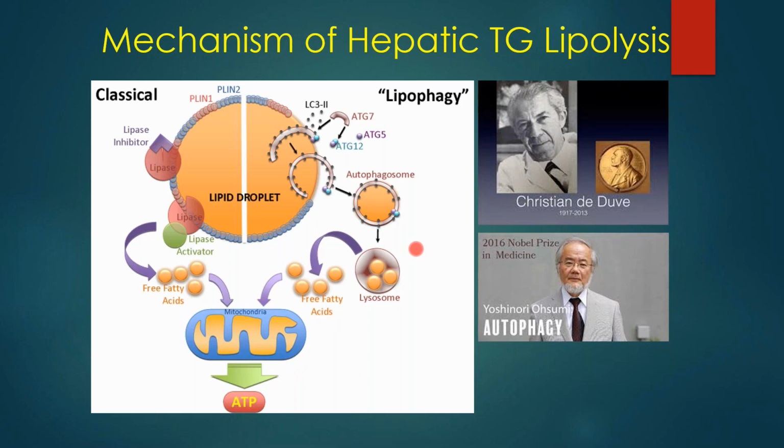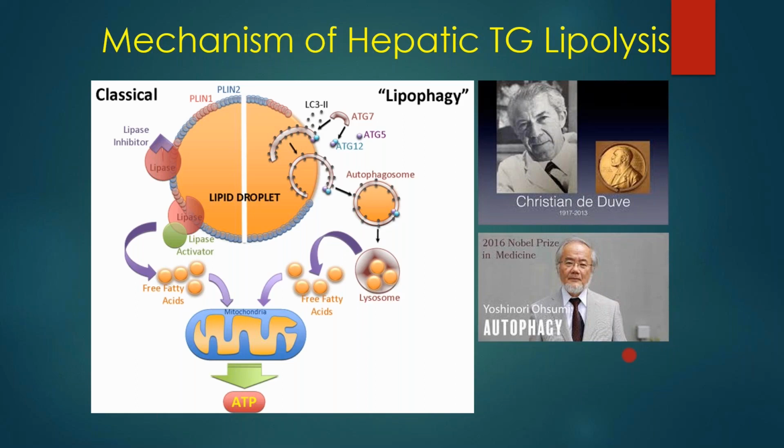Now, this process of autophagy was first discovered by Belgian biochemist Christian de Duve, and he was the one who got the Nobel Prize for the discovery of lysosomes. However, the cellular process of autophagy remained something people were not paying much attention to until Professor Yoshinori Ohsumi, a cell biologist at Tokyo University in Japan, used yeast cells to understand the molecular mechanism of autophagy.